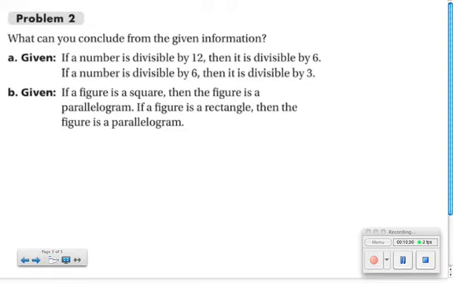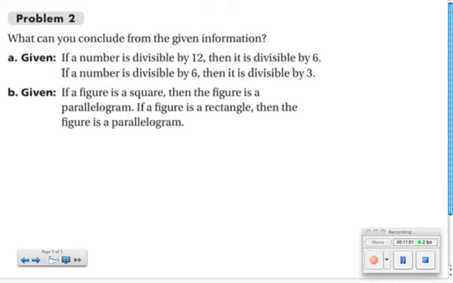Hold on. You want to try that one more time, or do you want to pass it to someone else? If the number, like, 12 is divisible by 6, then it is divisible by 3. You're being specific about 12. It's talking about a number being divisible by 12. Someone else want to try? Kristen. You'd say if the number is divisible by 3, then it is, I don't know.